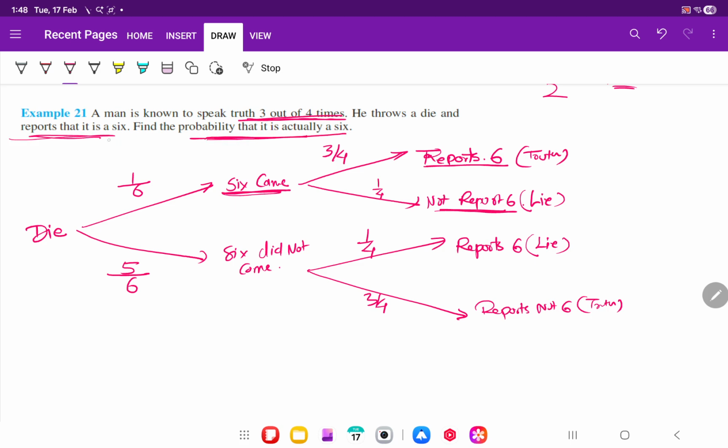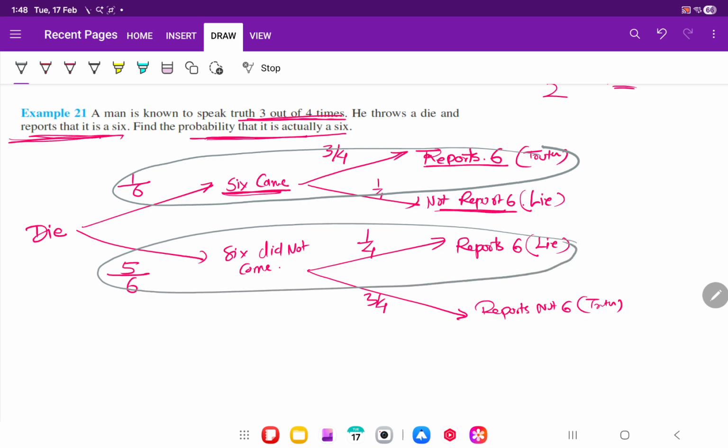Okay? So he is reporting 6. So how many chances are there of reporting 6? Either it came and he is reporting, or it did not come, even then he is reporting. Out of that, this is favorable, meaning it actually came and he is reporting. Only this is favorable out of these two.